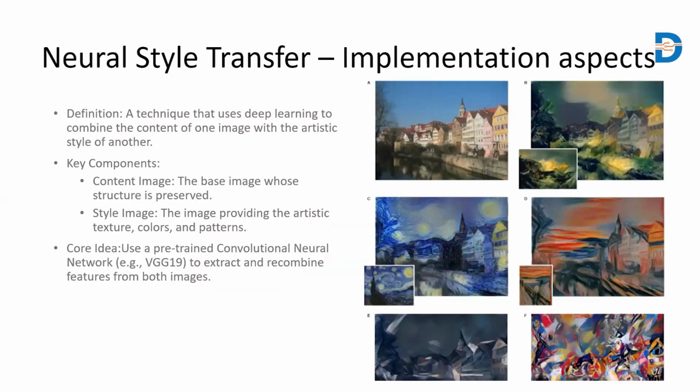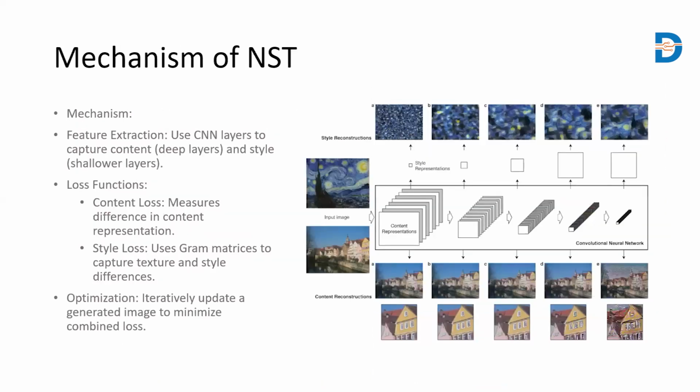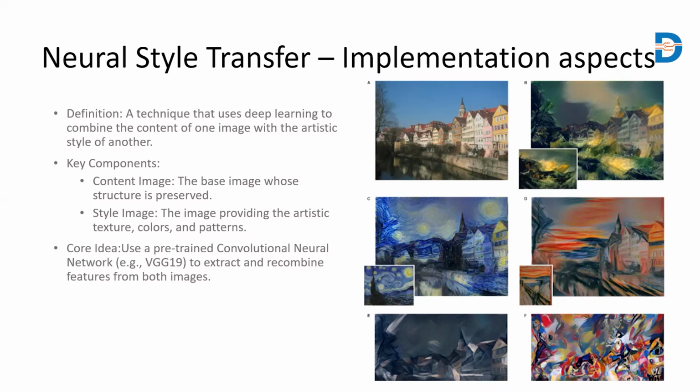Now, to understand it as a definition, neural style transfer may be seen as a technique that uses deep learning to combine the content of one image with the artistic style of the other. For example, here we see pictures of Venice, the buildings, and using each style image, see how the picture gets recreated.